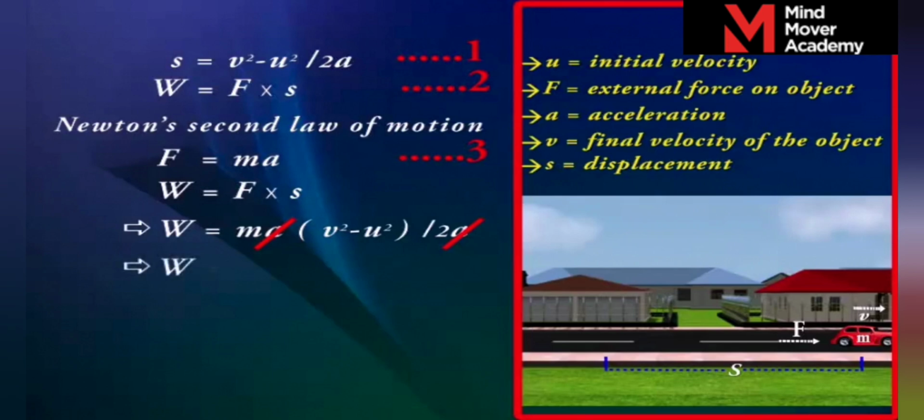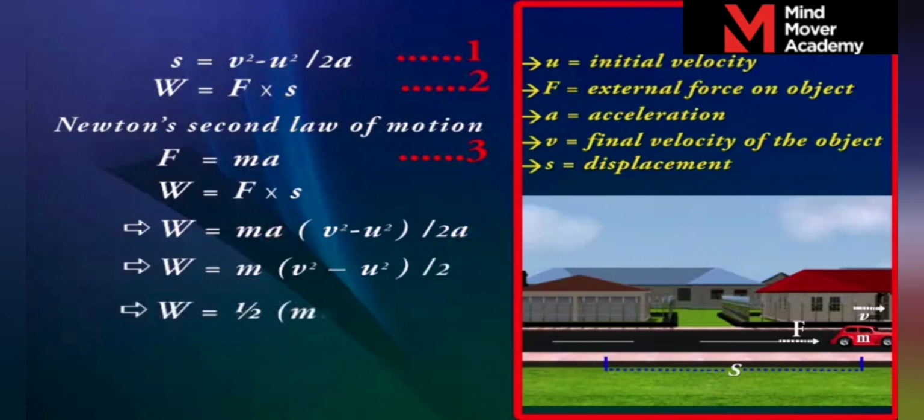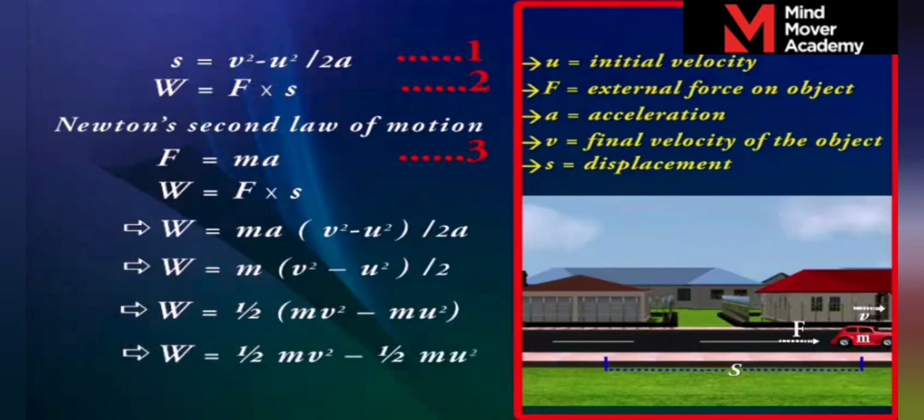This implies W = m(v² − u²)/2, which implies W = ½m(v² − u²), which implies W = ½mv² − ½mu².